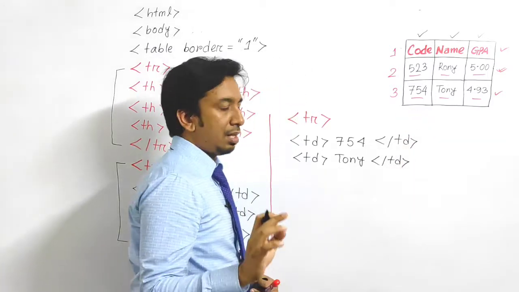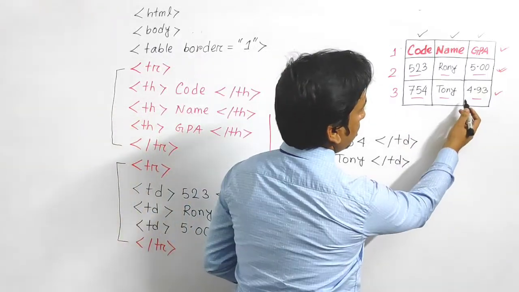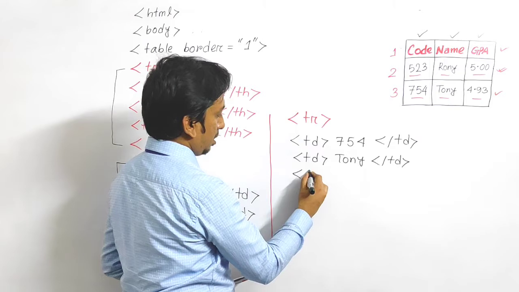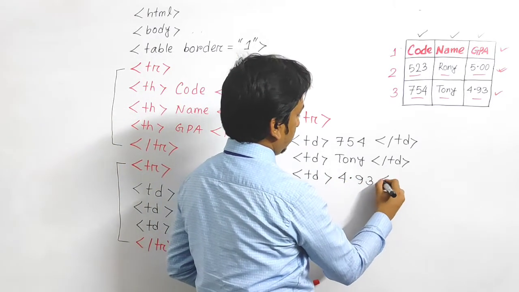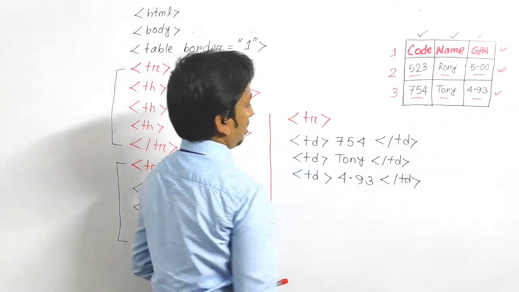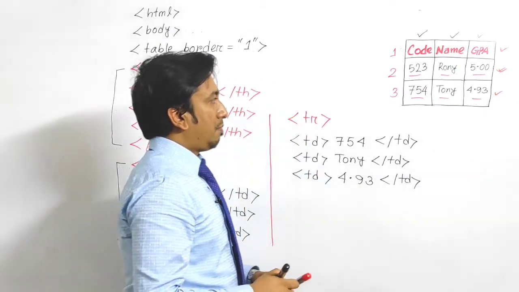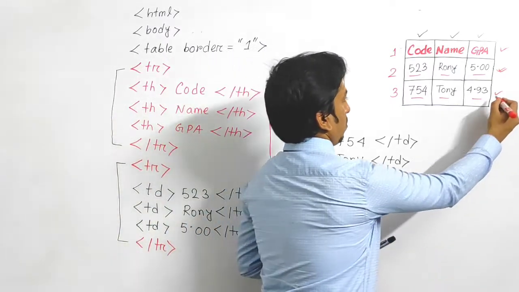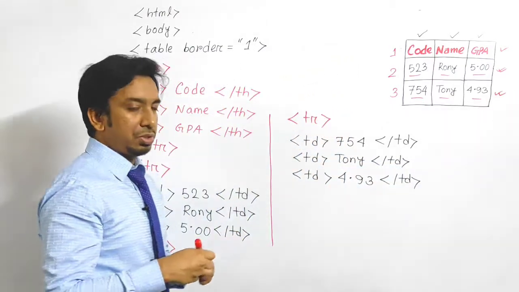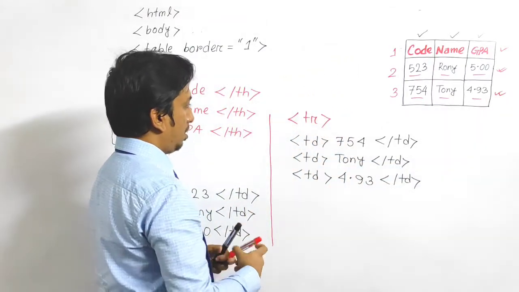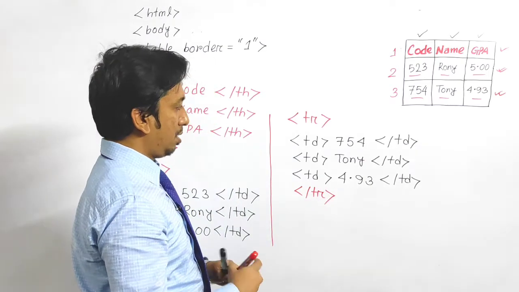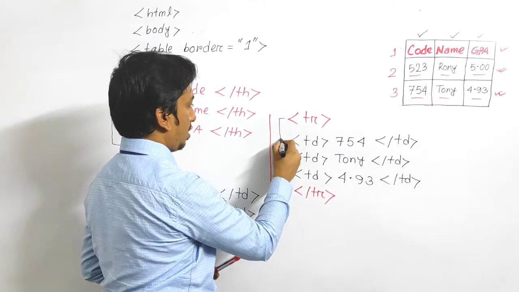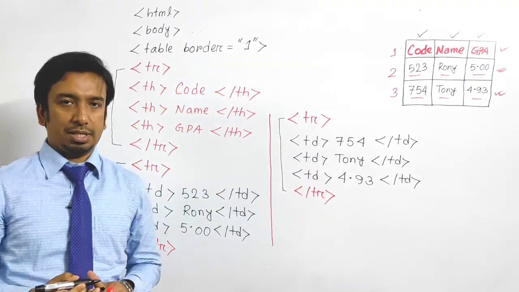Tony also completed, and again 4.93, this one also is table data. So write TD 4.93 table data, and finally our third row also completed. So what should we do? We have to close the TR tag. Is it clear? So see here our third row also completed.